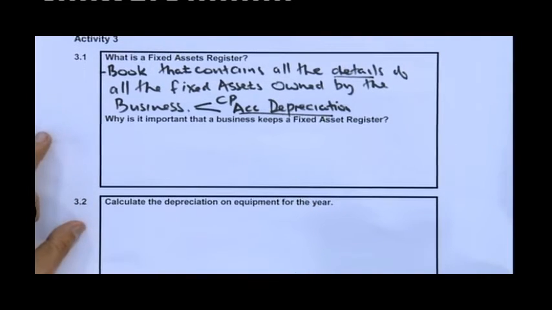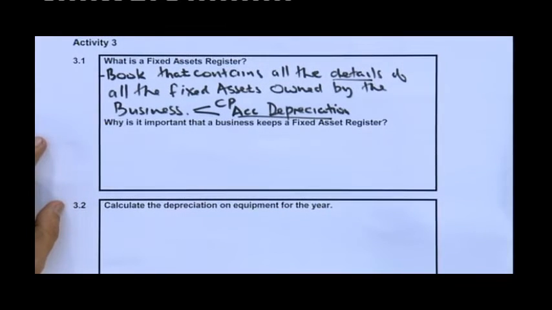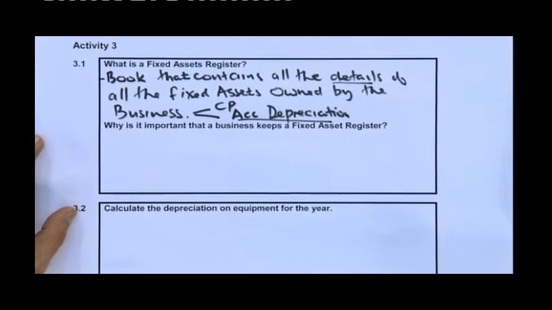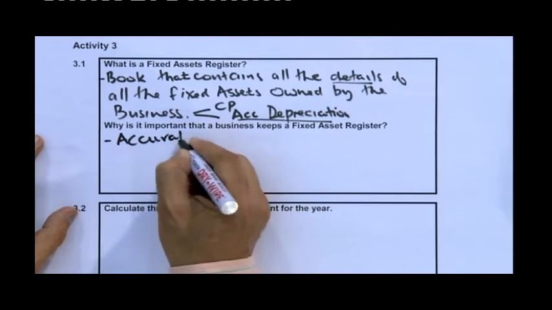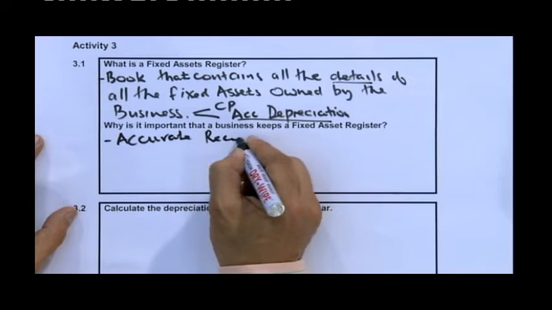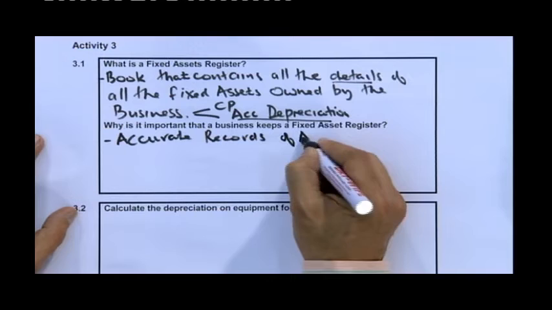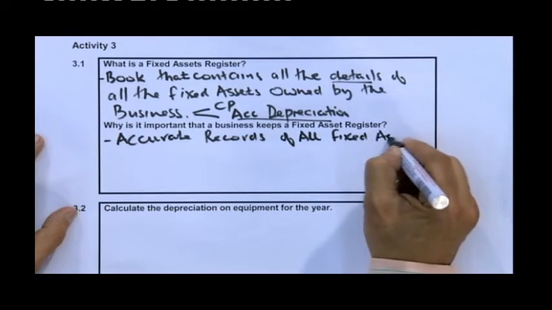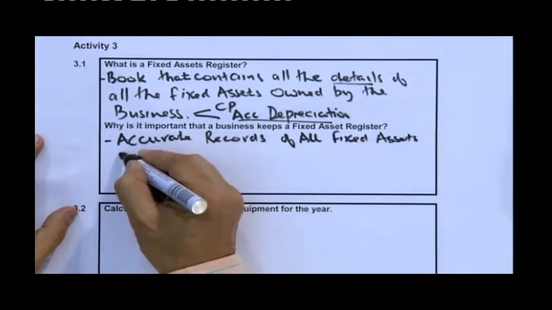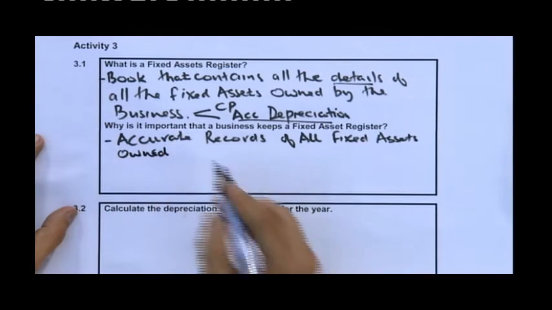Okay. Then the second part of that question asks us, why is it important that the business keeps a fixed asset register? Okay. We need to keep a fixed asset register so that we can have accurate records of all the fixed assets owned. Right?